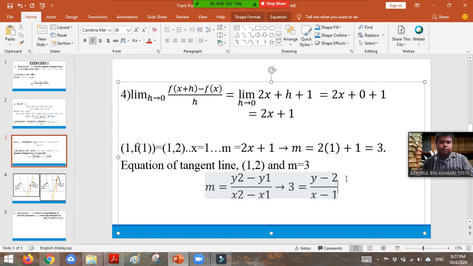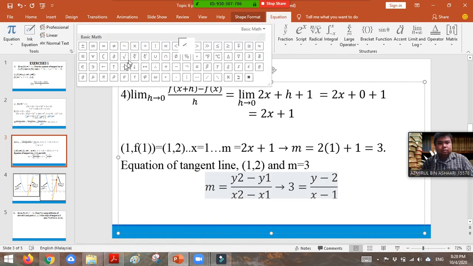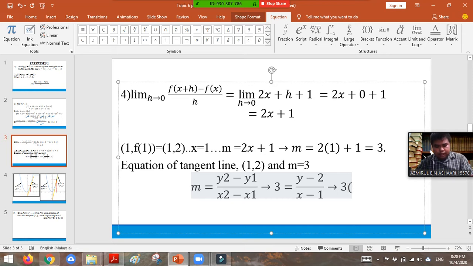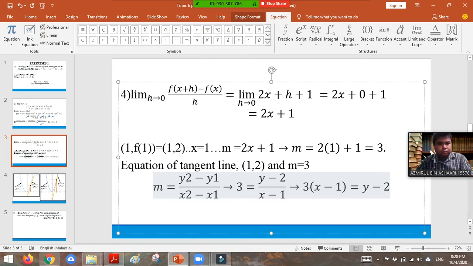Okay, and after that I will move this one, x minus 1, to the left side. It becomes 3 times (x minus 1) equal to y minus 2.